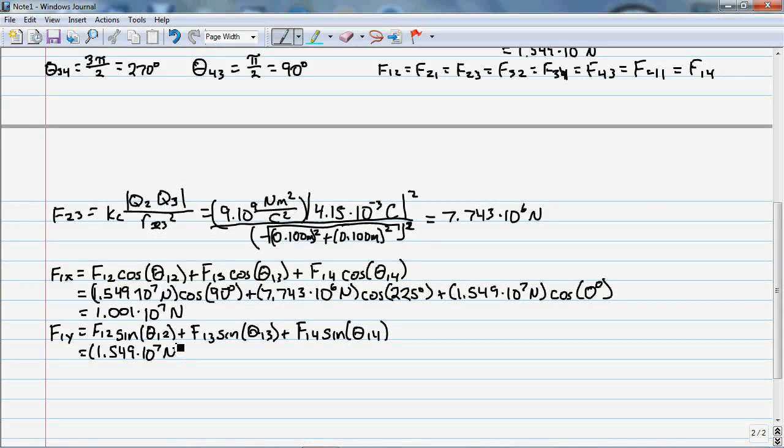And I'm going to have the 1.549 times 10 to the 7th newtons. I need the sine, and the angle is going to be the same, so that's 90 degrees. I'm going to have the same force, 1,3.